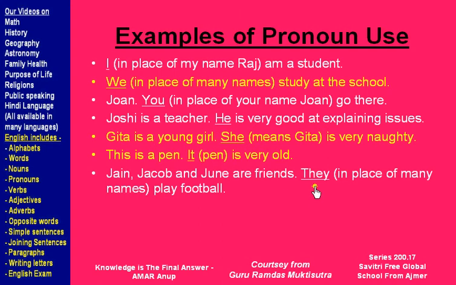If we did not use they, we would have to say Jane, Jacob and June are friends. Jane, Jacob and June play football. So all those names are replaced by one pronoun called they. So in this example, I, we, you, he, she, it and they are all pronouns.